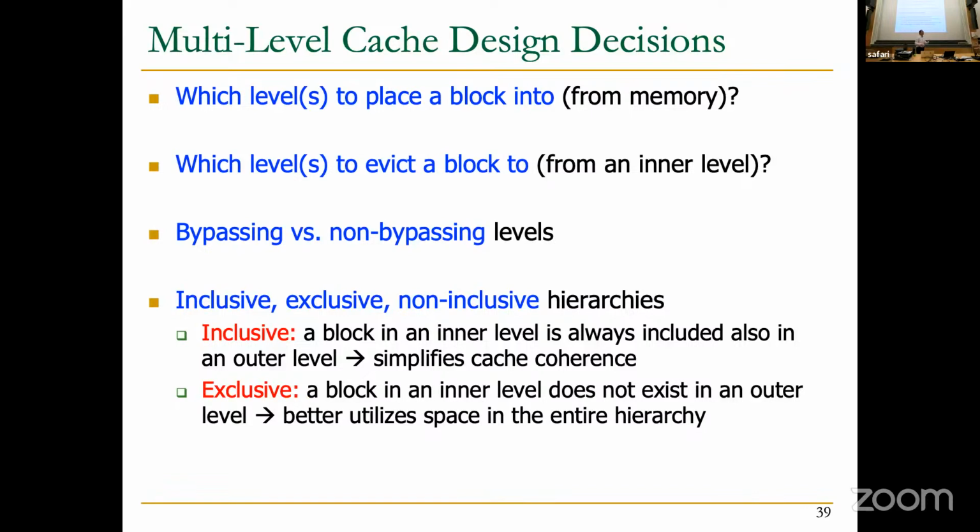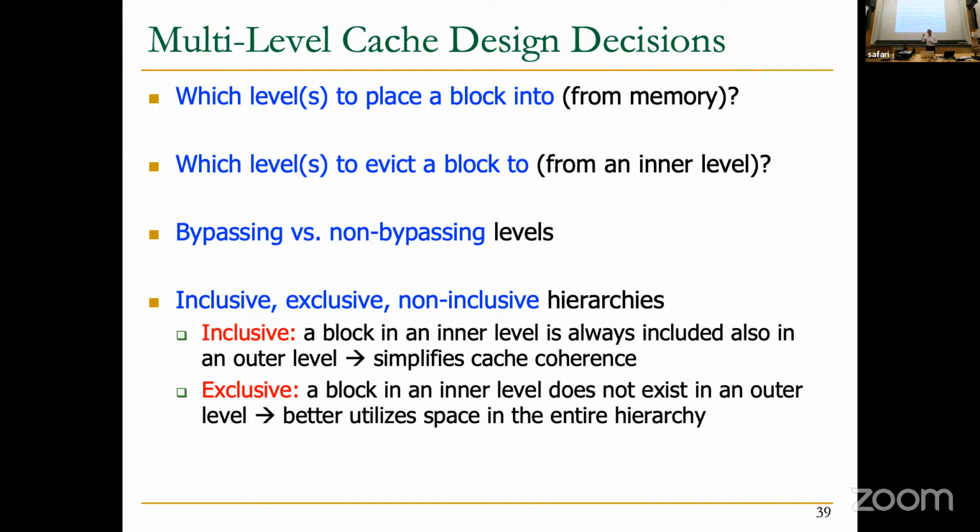So the downside of inclusive is you have data duplication, right? L1 has some data. L2 also has the same data. L3 also has the same data in L2. So you have a lot of data duplicated across the hierarchy. You're not really utilizing the cache space very efficiently.